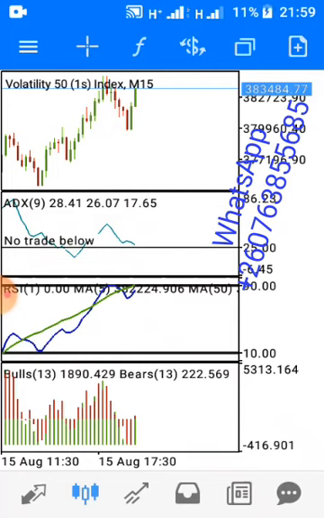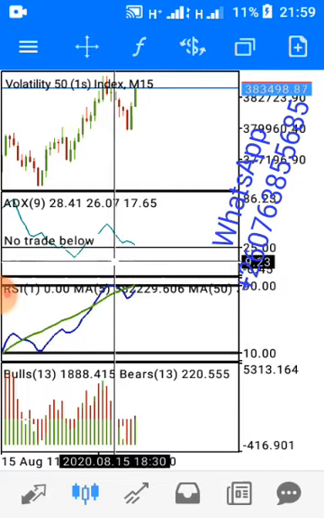Then it should cross with the moving average 50, and then you can take a sell from there, provided you also check down here on the bulls and the bears.